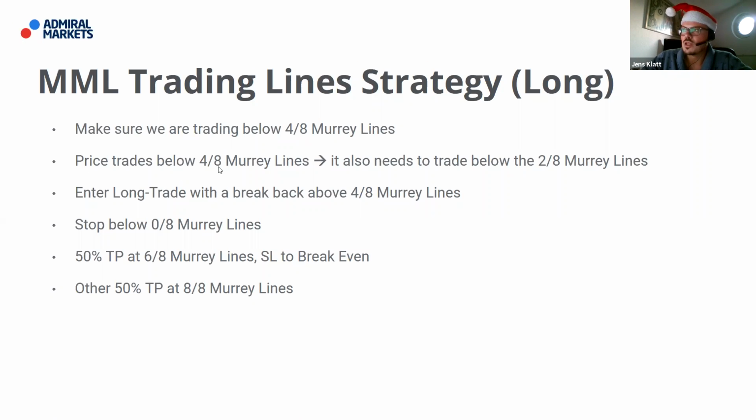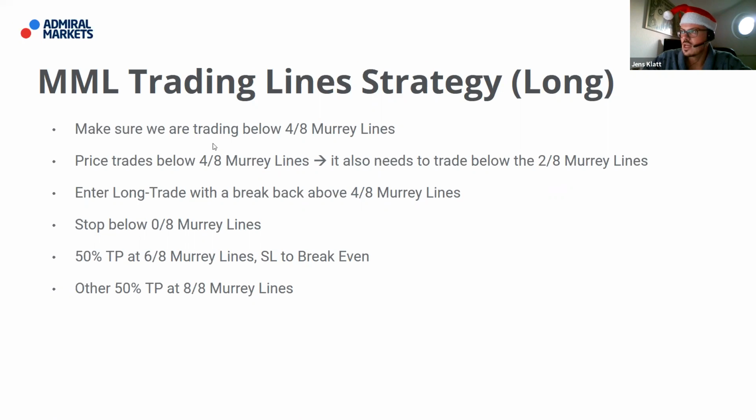Once the price trades below the 4/8 Murrey line, then it also needs to trade below the 2/8 Murrey line here in this case. 2/8, that was what we refer to as the so-called reversal pivot. So once we trade below 4/8, we also have to trade below 2/8.